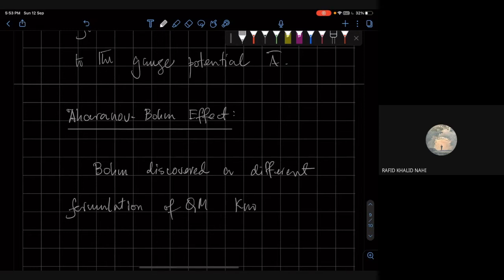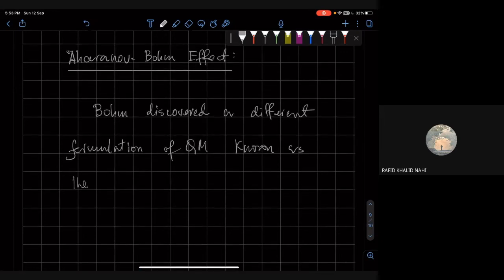And this is what is known as a quantum theory with a hidden variable theory.